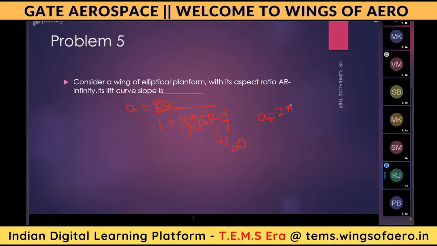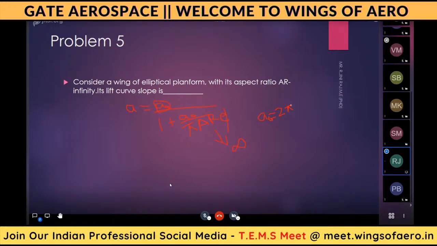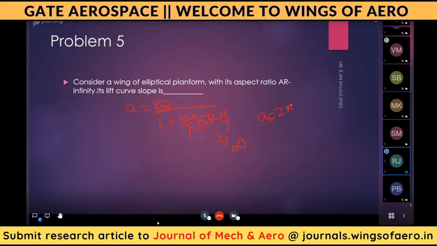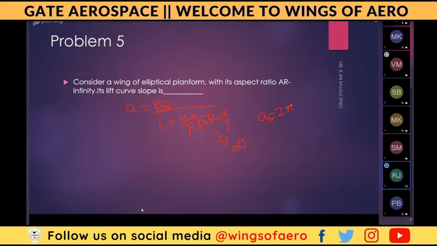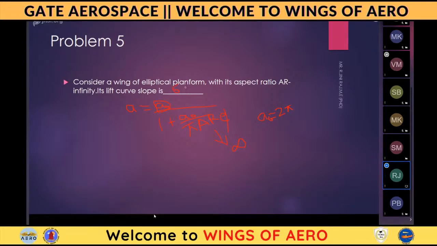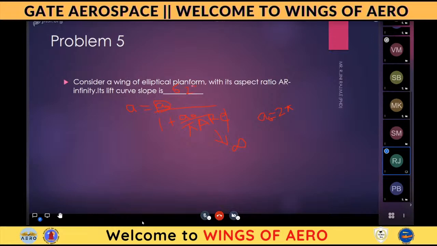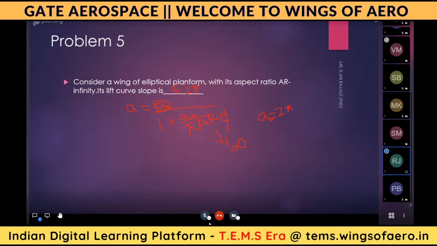But it should be given as a finite number, so we need to substitute the pi value. That is 2 into pi, 6.28. So the answer is 6.28. Correct.